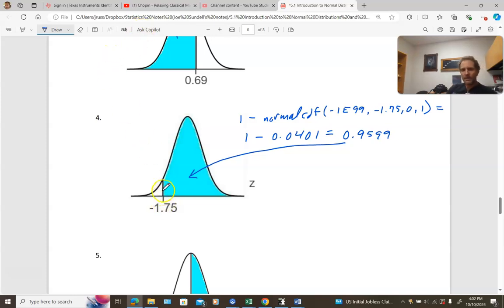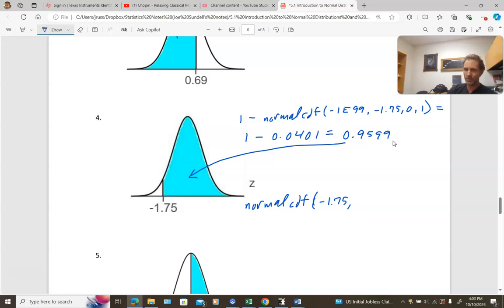Okay. This is close to negative 2, so 2 standard deviations below the mean, that's pretty far. And so all the area to the right of it is going to be a lot. Okay, it's almost 96%. Now the other way to do this would be, you could use your normal CDF function again, but you could let your lower bound be this z-score, and then you could let your upper bound be positive infinity.